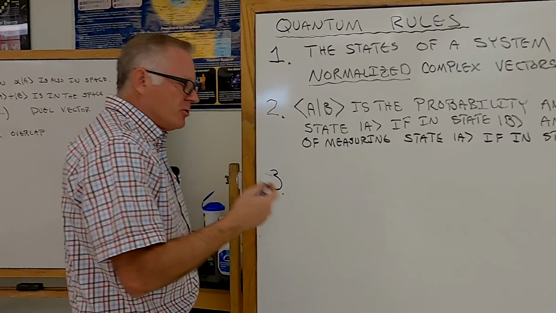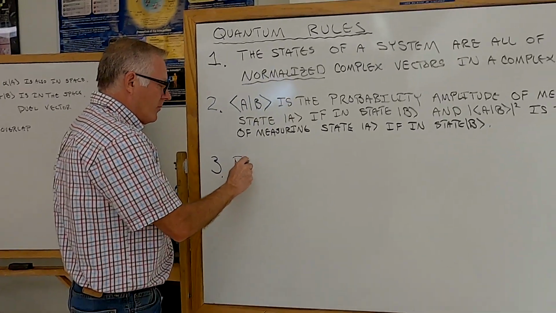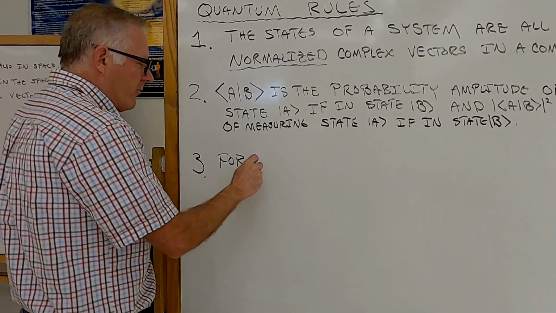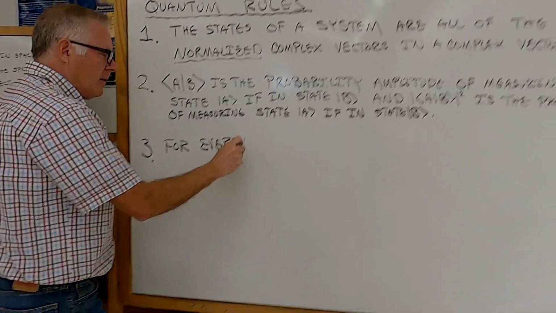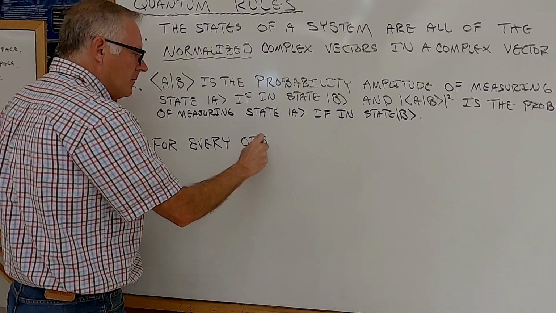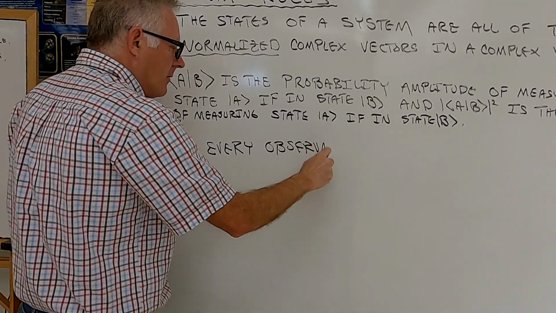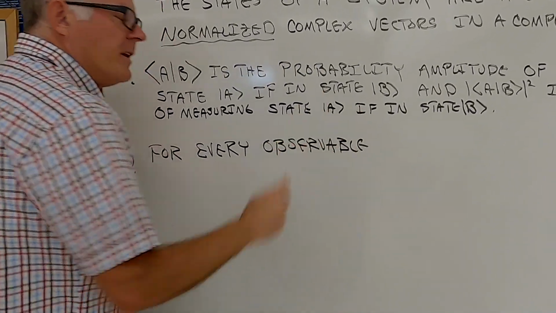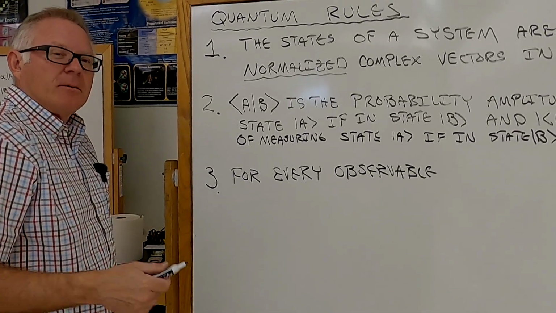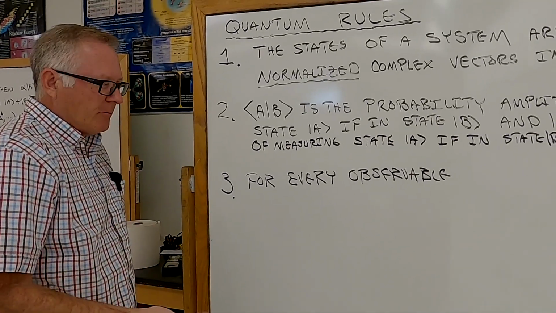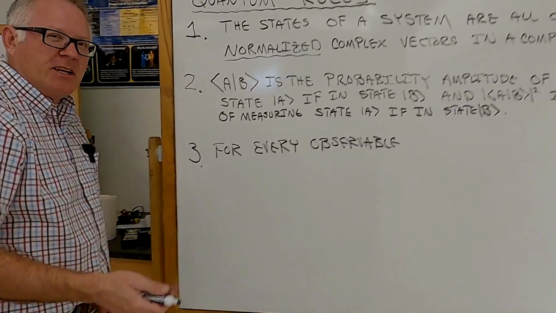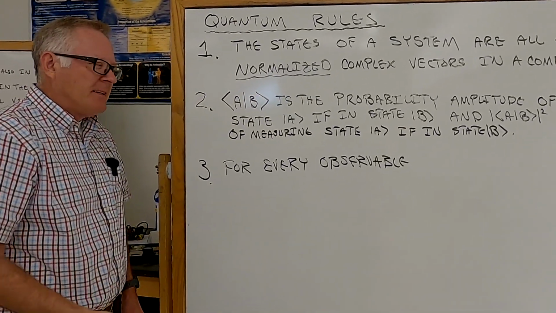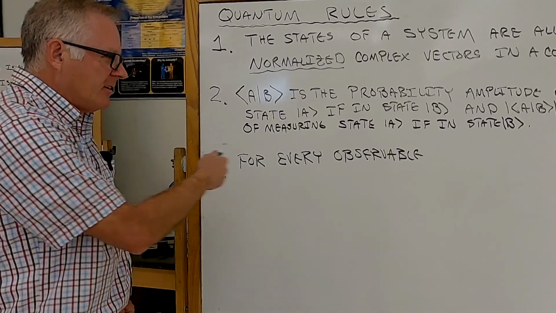For every observable, what is an observable? Something you can observe, whether it's the position, the momentum, the energy, the angular momentum, anything that's observable.